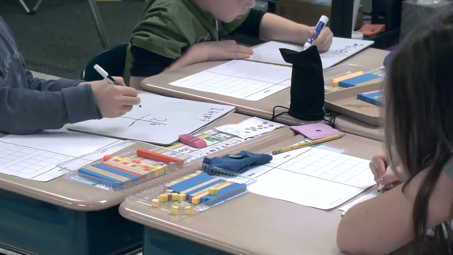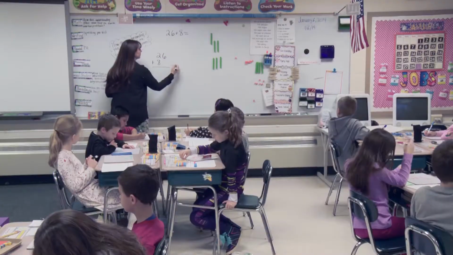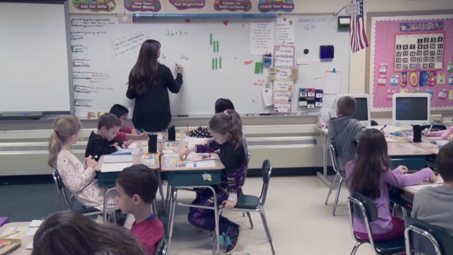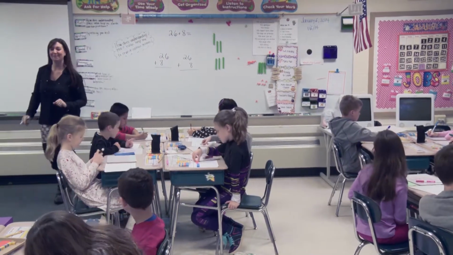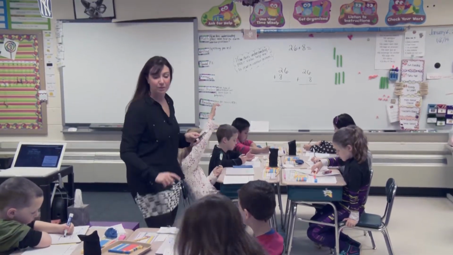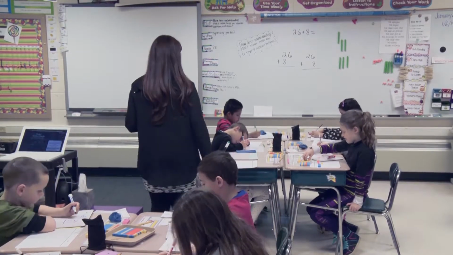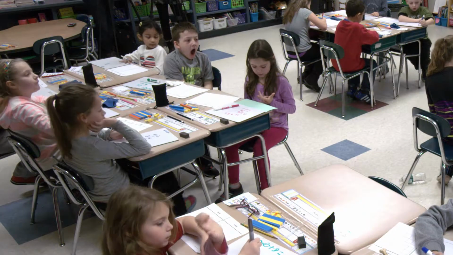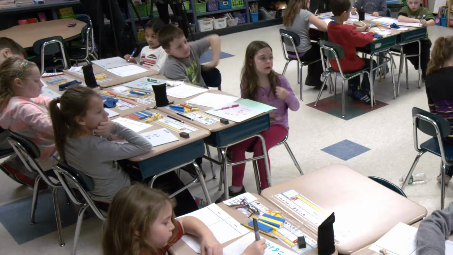Boys and girls, how are these two problems different? Daniel, I want you to read like this, going up and down, lining them up. How are they different? Sam, how are these two problems different?